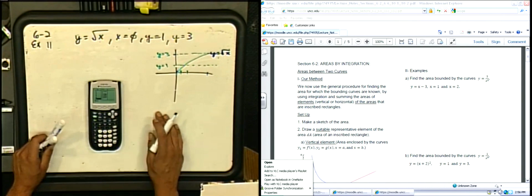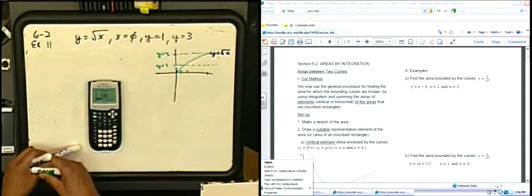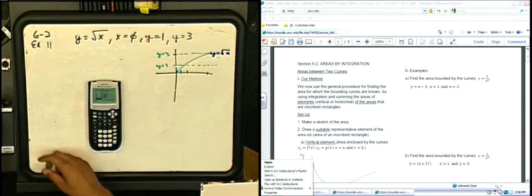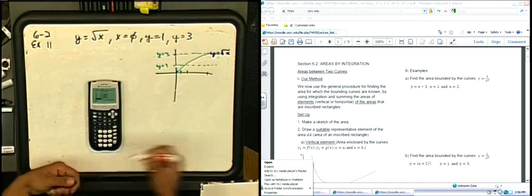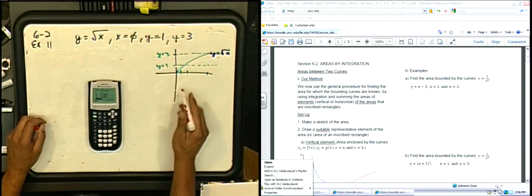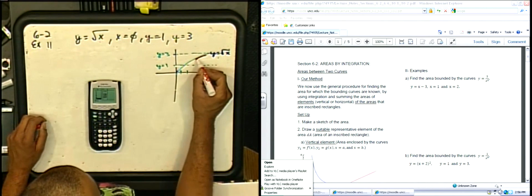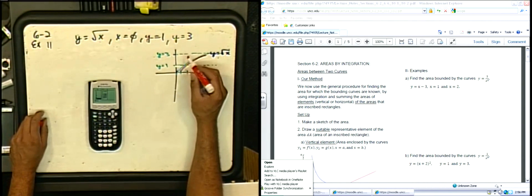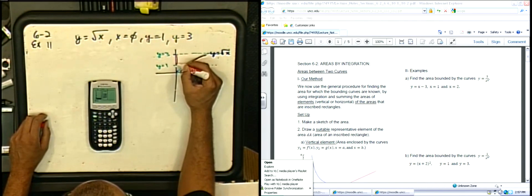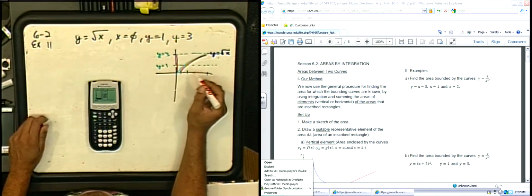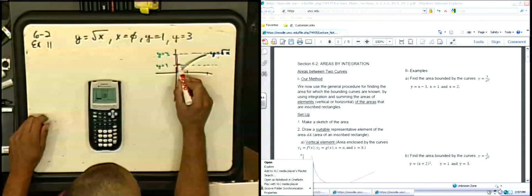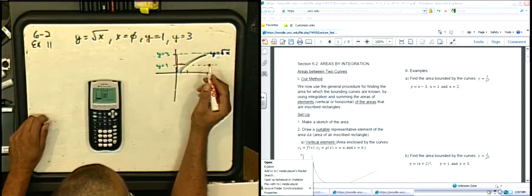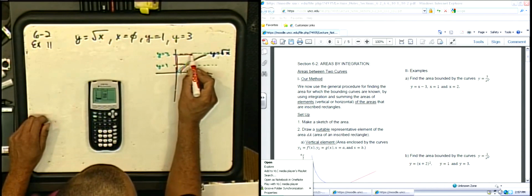Okay. And I'm looking for a boundary between that function. This is my boundary. X equals 0 is the y-axis. Y equals 1, and y equals 3.